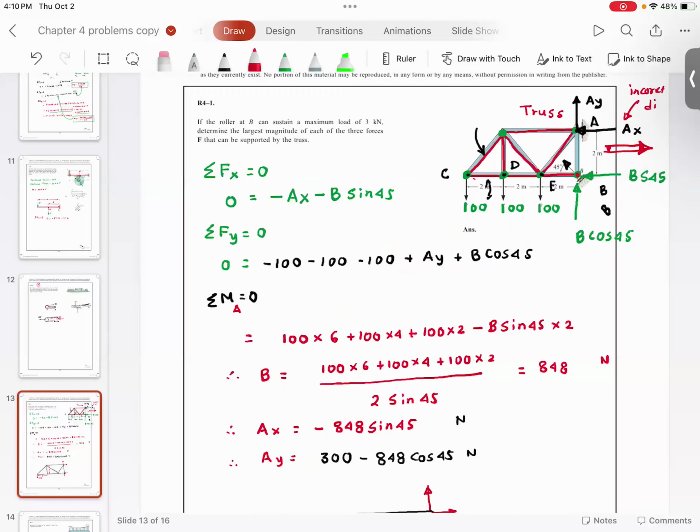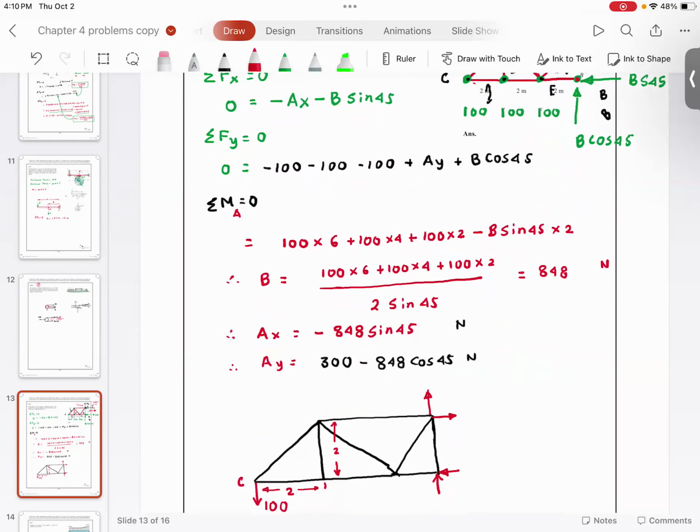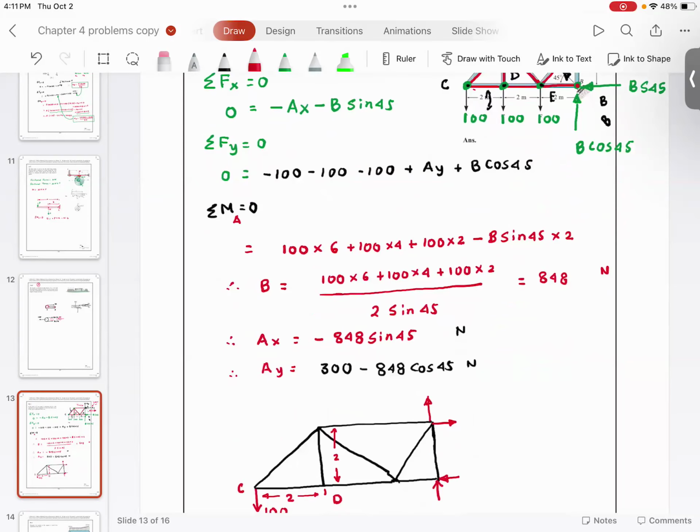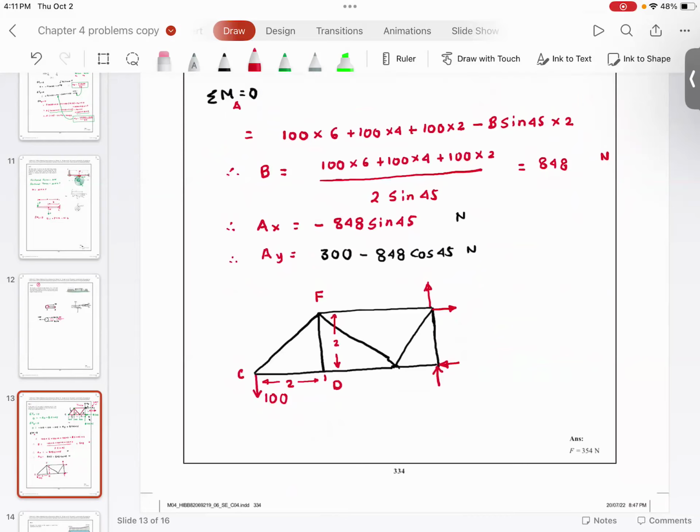And this first joint is C, D, F. So I'm going to look at this joint, C, CF, CD, and the force which is acting here is 100.